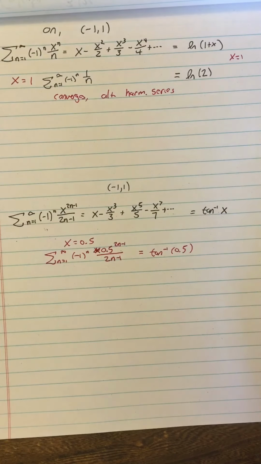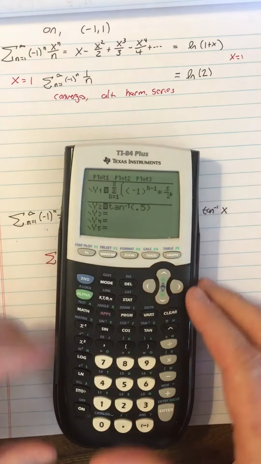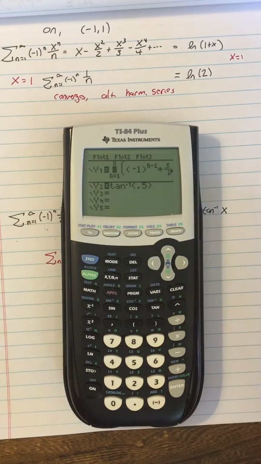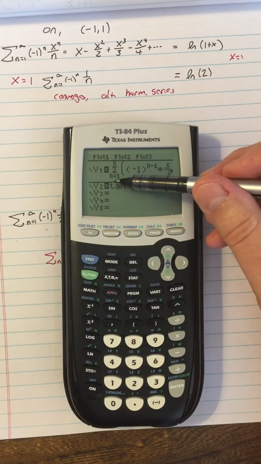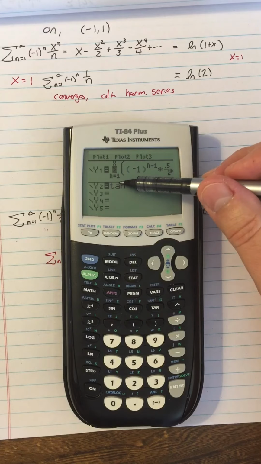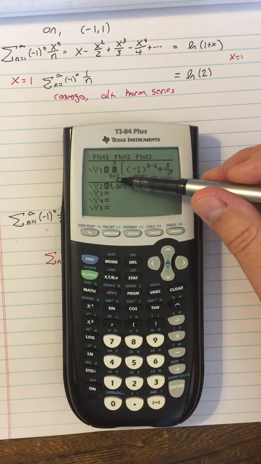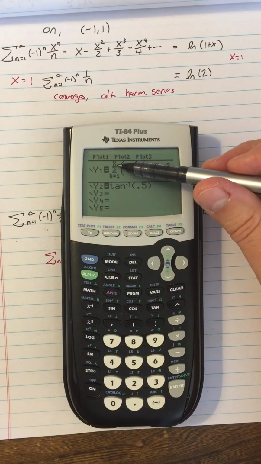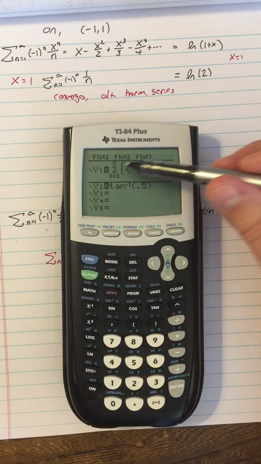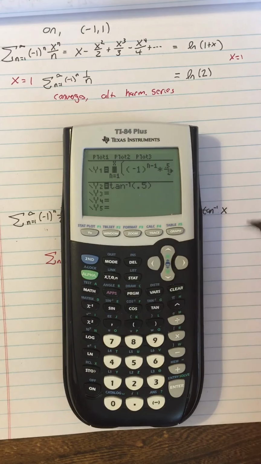So what I did was I set that up as a table on my calculator here. I set y1 as the sum. I had to use the alpha key to get n equals 1. I wasn't sure this would work, but it does. Because x is my variable, x is the variable that I want to be increasing over time. So this is y as a function of x, but the x is up here.